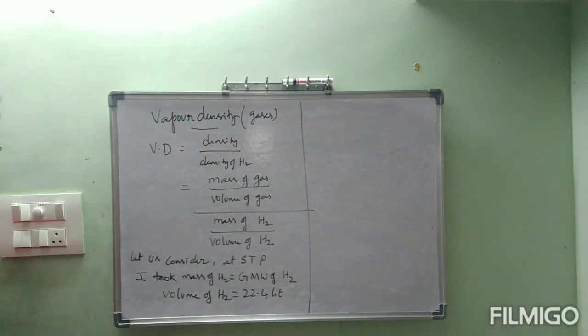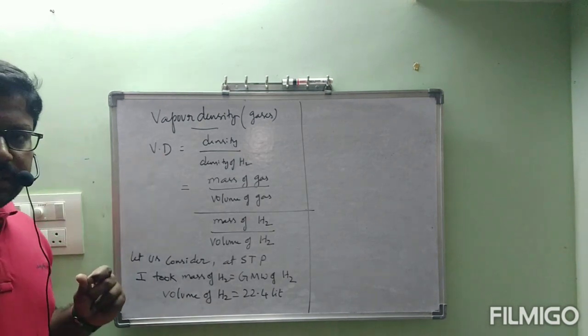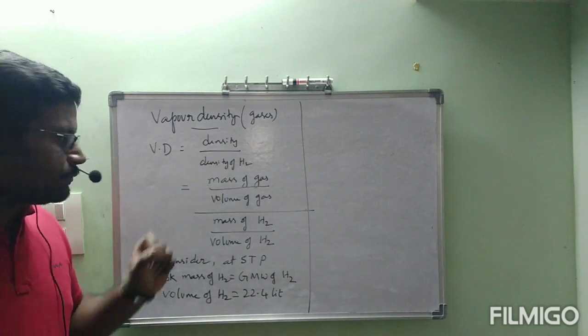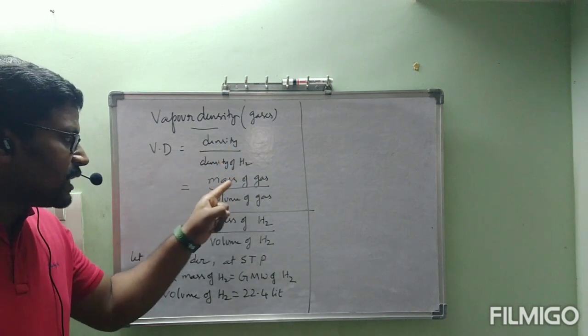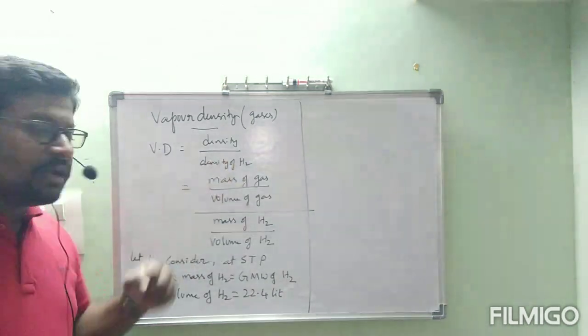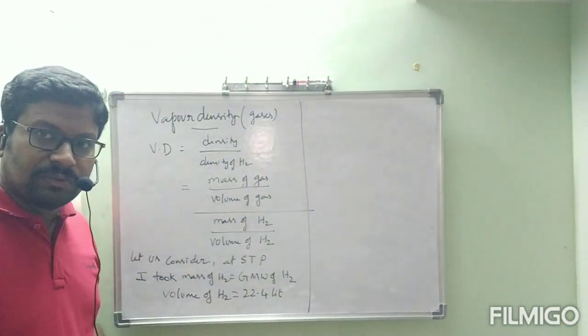Please concentrate highly. I am repeating one more time. I took first the vapor density formula: density of the gas divided by density of H2 is equal to mass of the gas divided by volume of the gas, whole divided by mass of H2 divided by volume of H2.